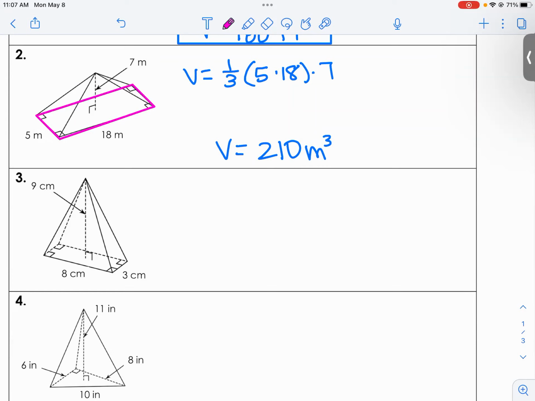So we took 5 times 18. 7 was the height. Do you have to set it up like that, as opposed to what? Like that, yes. If you want to set it up like what it is in pink, that's perfectly fine.